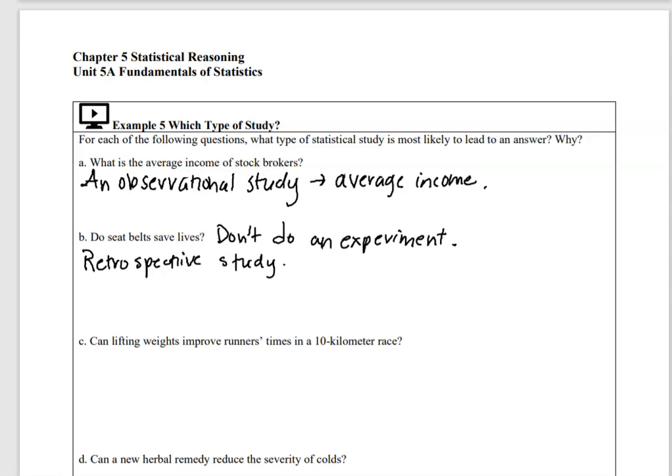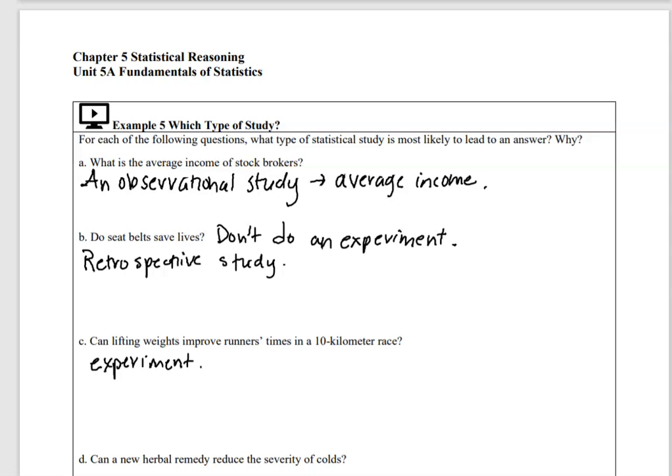We talked about having a double-blind study where the participants don't know if they're part of the control or part of the group being observed, like a placebo effect. Well, that's not possible here because if you're a runner, you know whether you're lifting weights or not. So this can be done with an experiment, but there are some issues here.